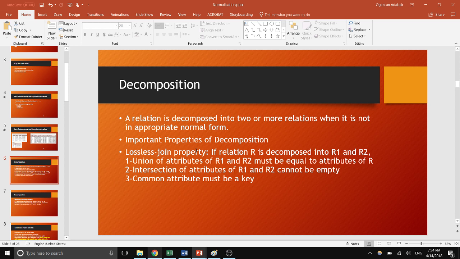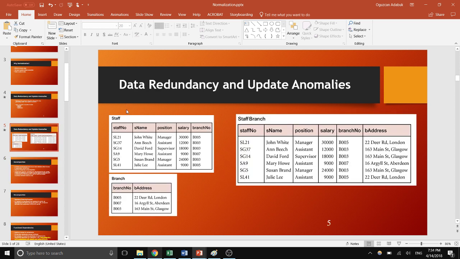If you're going to decompose relation R into relations R1 and R2, first, the union of attributes of R1 and R2 must be equal to the attributes of R. Now let's see. The union of attributes of staff and branch must be equal to the attributes of staff branch.